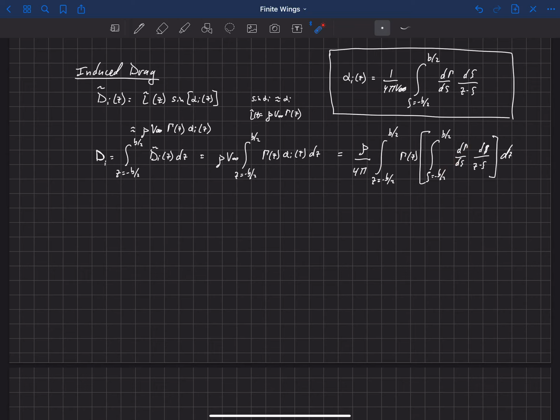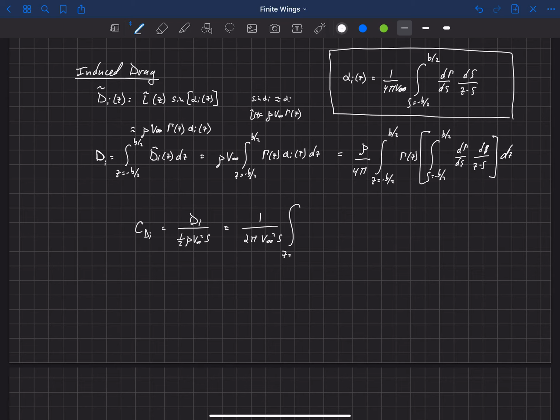Same thing as before, we can also look at an induced drag coefficient on the wing, and that is simply non-dimensionalized the way we do any other force on a wing. It's 1/2 rho V infinity squared S, where S is the wing area. If we plug all of this in, what we get out front is 1 over 2 pi V infinity squared S times this double integral.